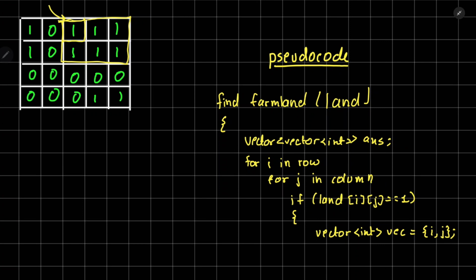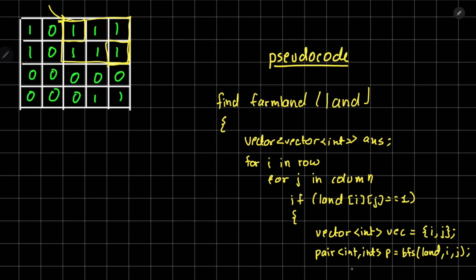Now we will call the BFS function, which will give us the coordinates of this one. So let's say we are using a pair here. So pair int comma int p is equal to bfs on land i j.